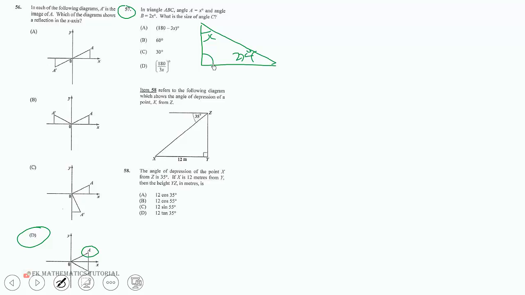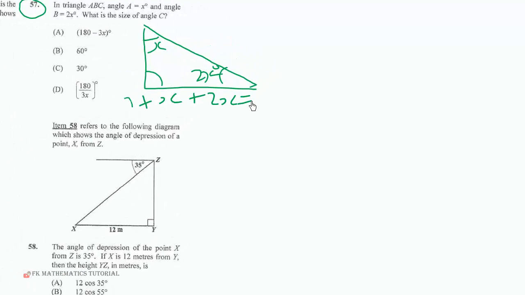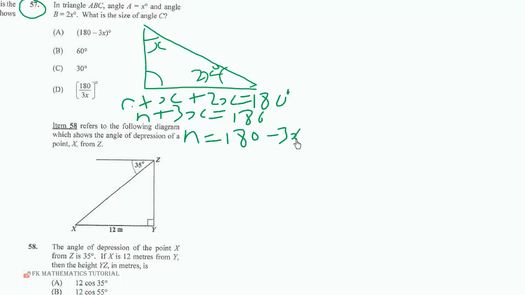If you add the unknown angle, let's say n, to x plus 2x, we should get 180 degrees. So the unknown angle n plus 3x should be equal to 180. So the unknown angle n will be equal to 180 minus 3x. So the correct answer is A.